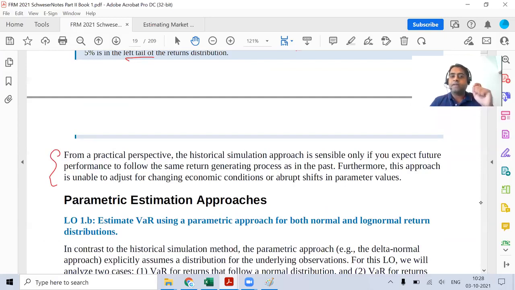The basic assumption in historical simulation is that whatever has happened in the past is going to continue in the future. If there is a shift in the market, if there is a structural change in the market, then that belief is also changed, and hence we cannot use historical simulation. So read this paragraph, which explicitly talks about the problems with historical simulation.